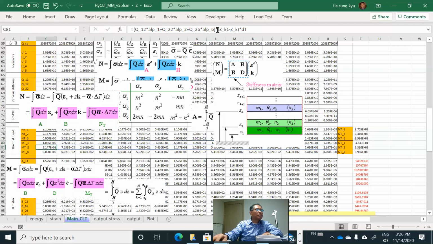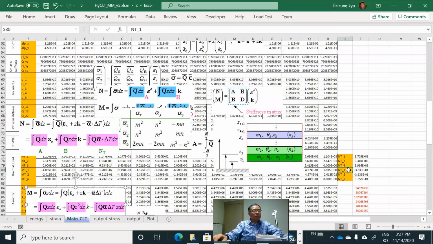And here, same. So that is an equivalent thermal in-plane load and thermal bending moment, and we can call them moment, right?